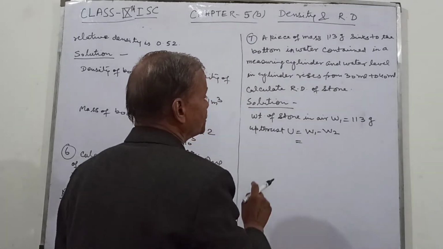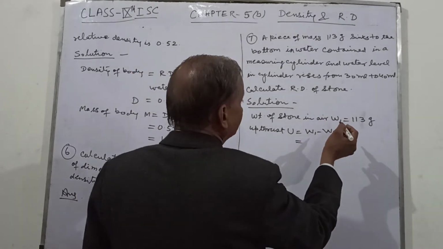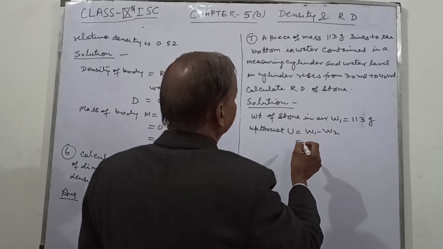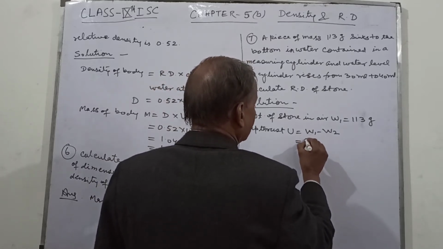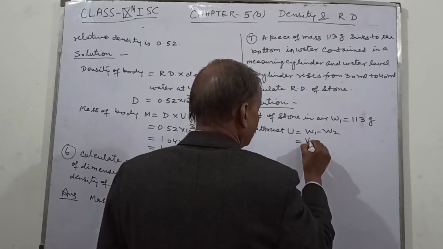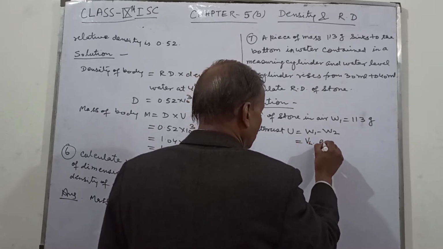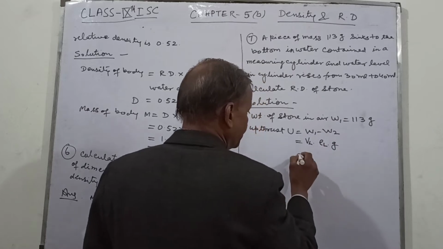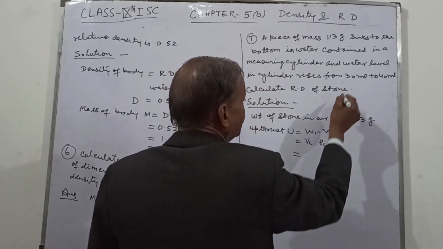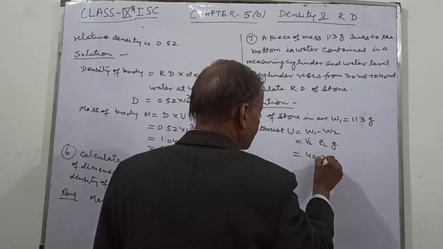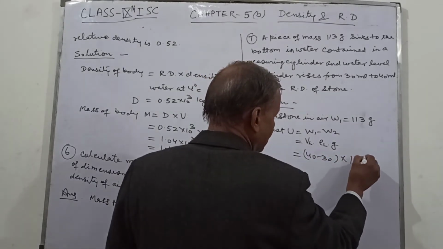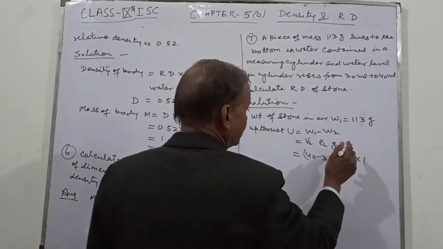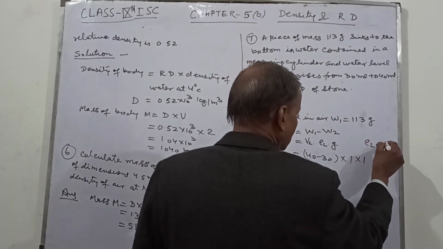So this upthrust is equal to the volume V L into rho L into G. This VL is equal to 40 minus 30, and the density of liquid, that is water, rho L equal to 1.